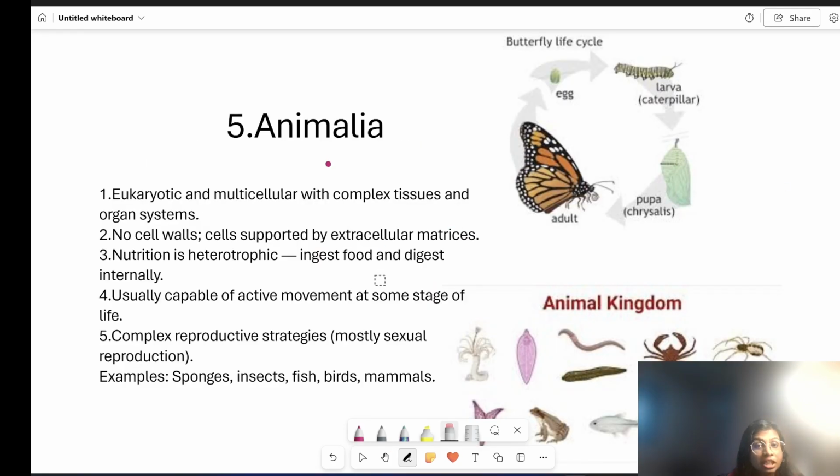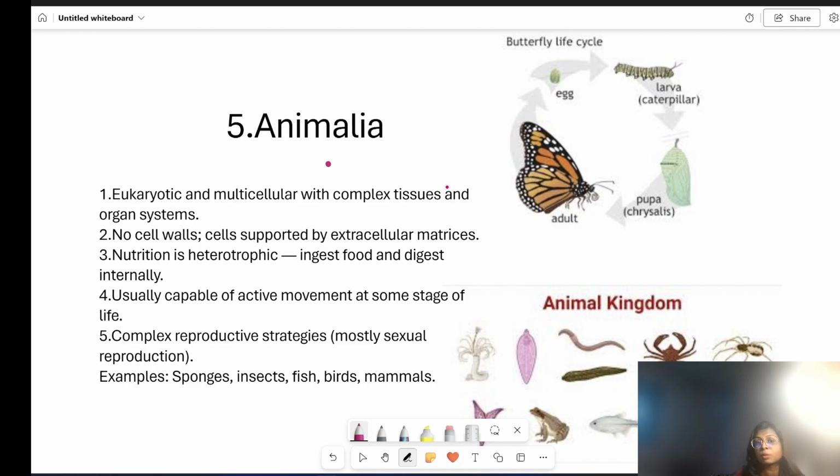The fifth kingdom is Animalia. All the organisms are eukaryotic and multicellular with complex tissues and organ systems like the respiratory system, digestive system, this kind of thing. The specialty is that there are no cell walls.